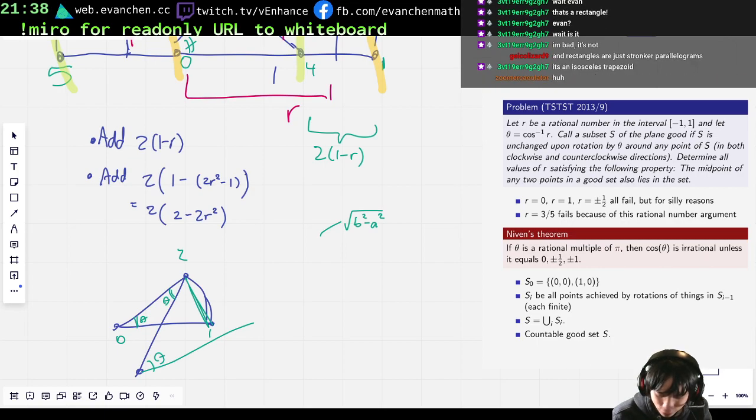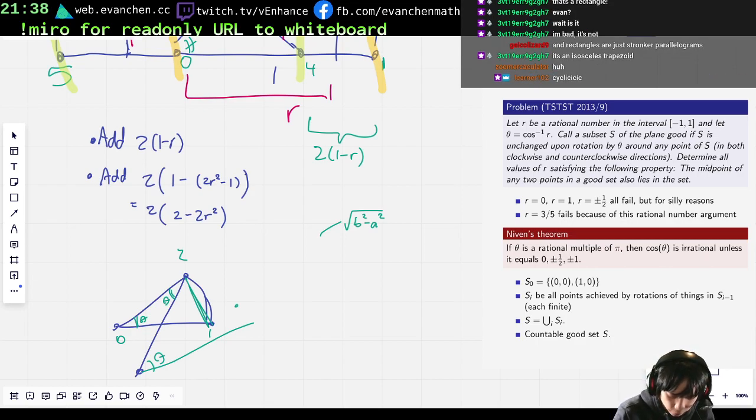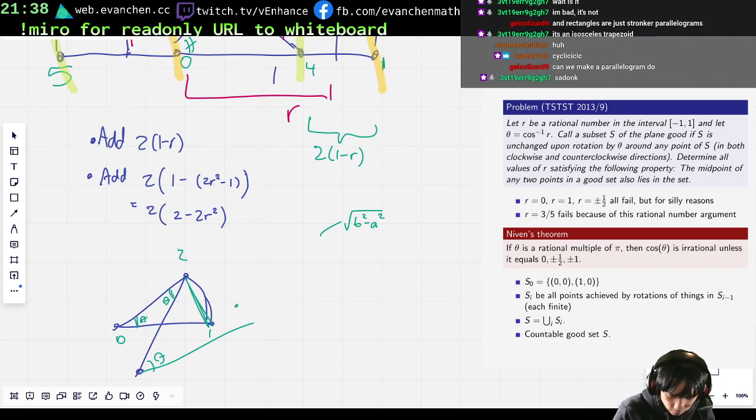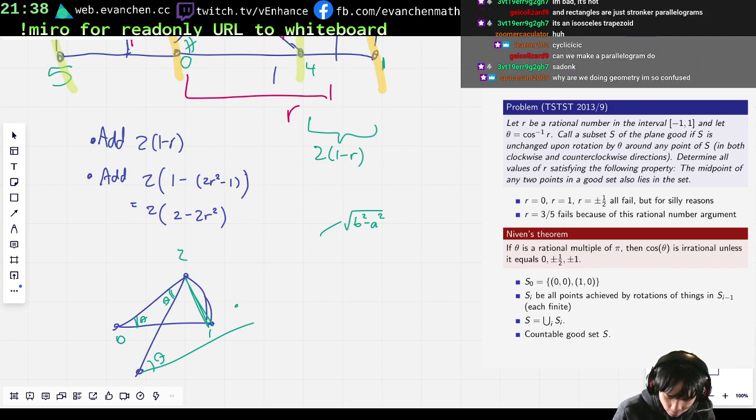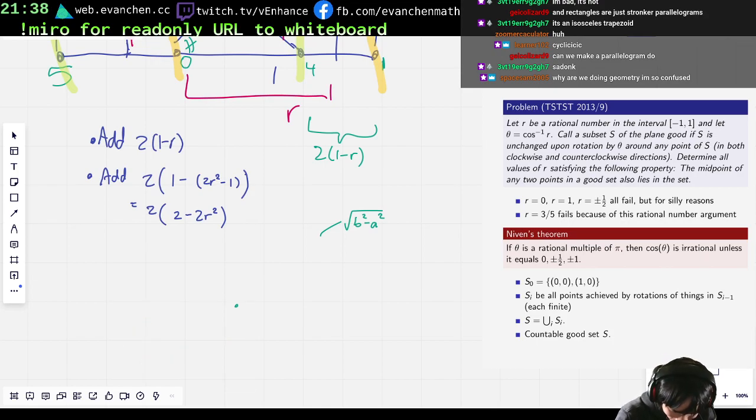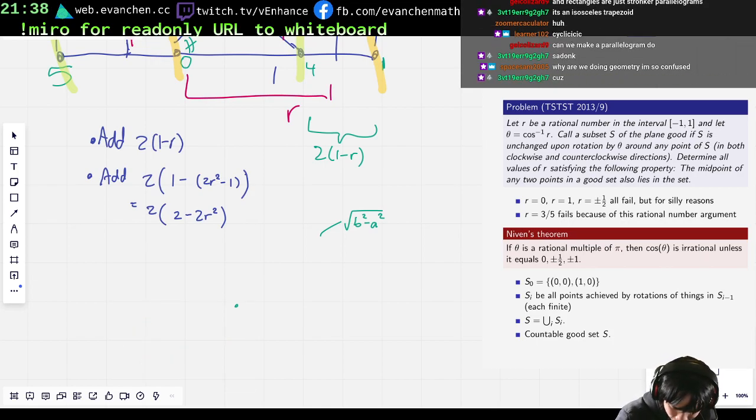It's an isosceles trapezoid, that part I agree. So it ended up like here. Okay, basic geometry. Let's try that again.